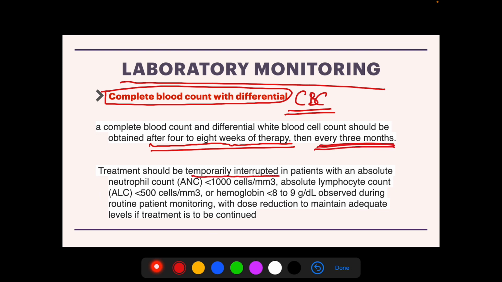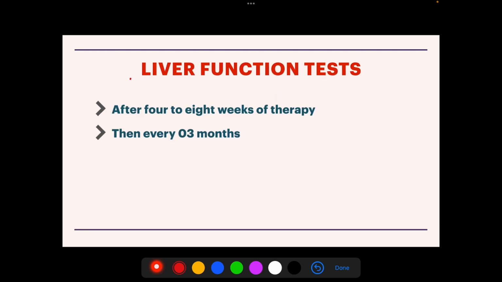Treatment should be temporarily interrupted in patients with an absolute neutrophil count less than 1000 cells per mm3, absolute lymphocyte count less than 500, or hemoglobin less than 8 to 9 gram per deciliter observed during routine patient monitoring, with dose reduction to maintain adequate levels if treatment is to be continued.